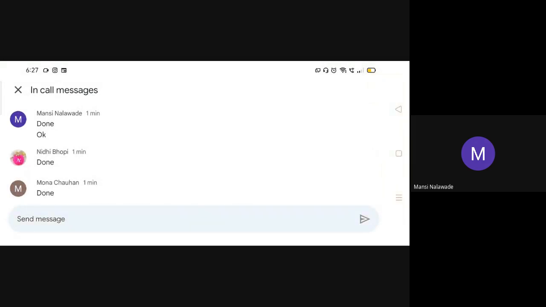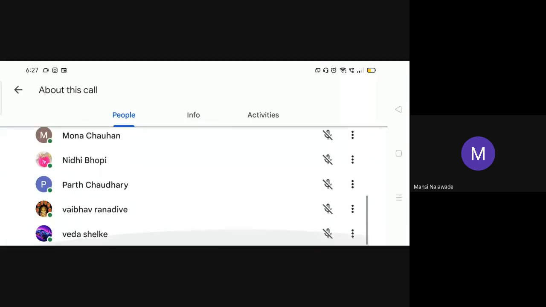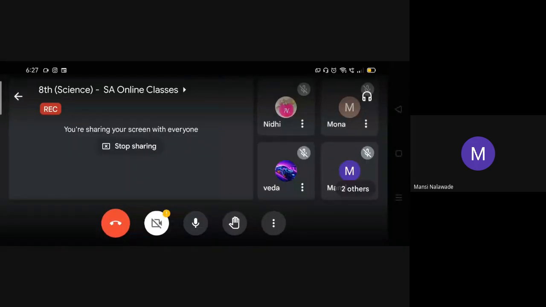Mansi, Nidhi and Hariom. What about others? Veda, Parth, Vaibhav. Are you writing or not? Please let me know if you are writing.